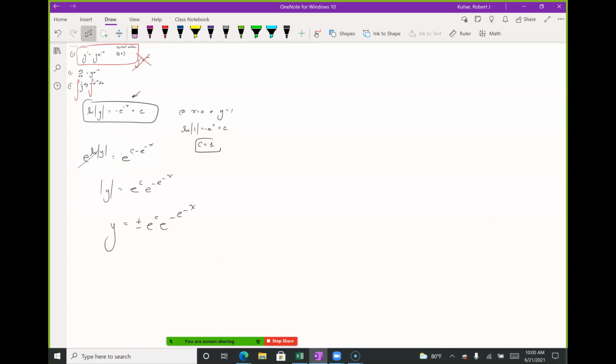And so I can still see my value of c, but I really have this piece e to the c, right? I want to call that some new letter. Typically, the book will use a or k or something like that. So here's my general solution. y equals plus or minus k, or just k, e to the negative x.